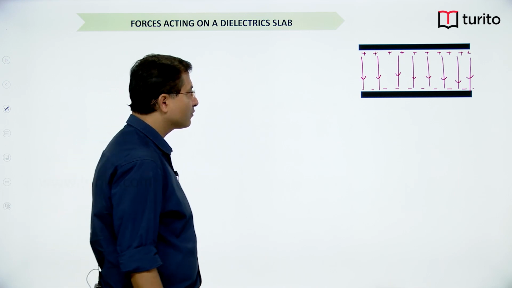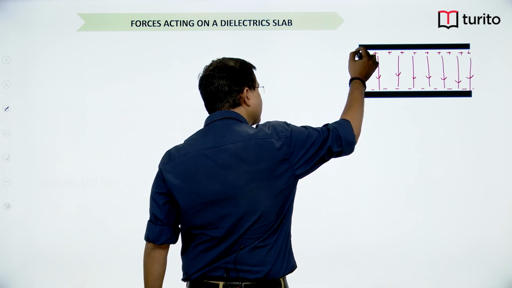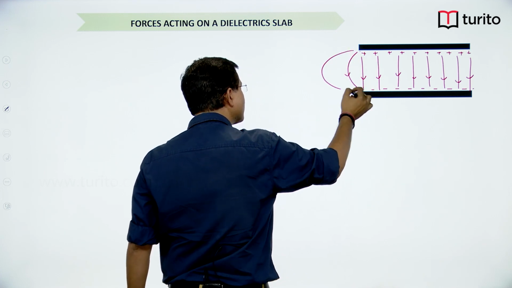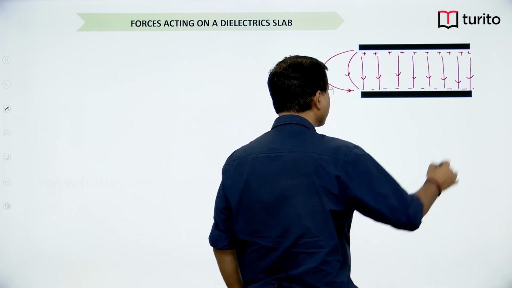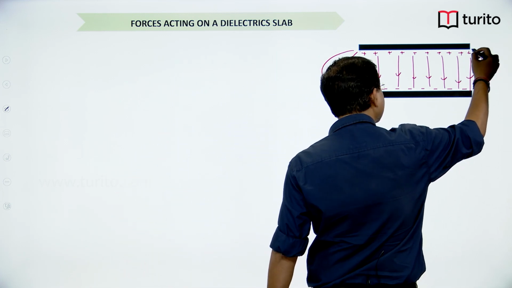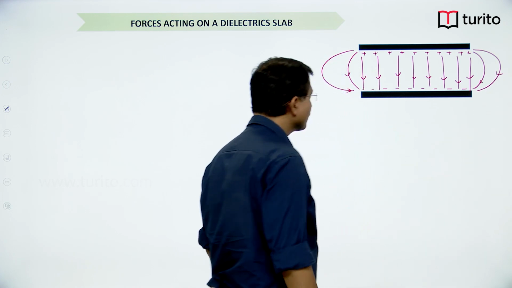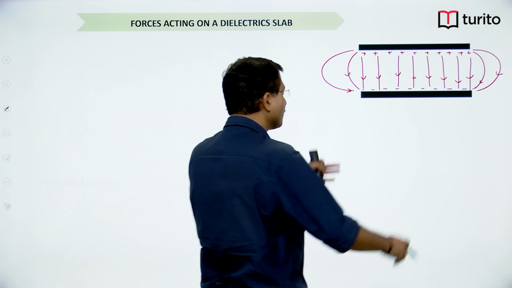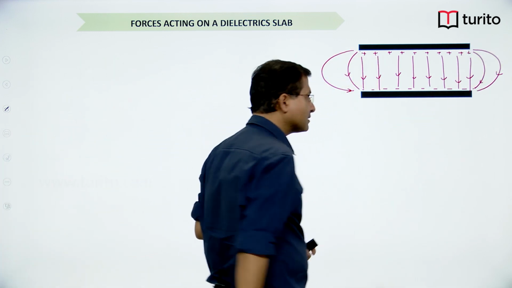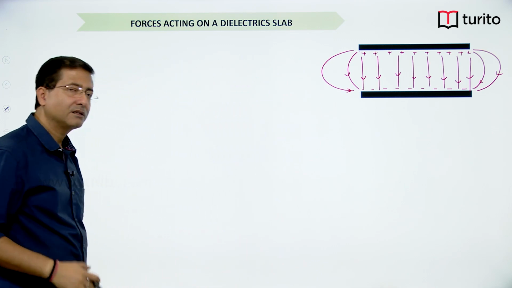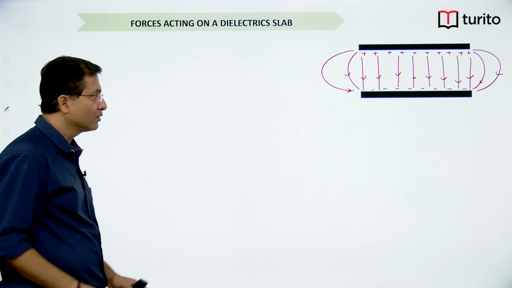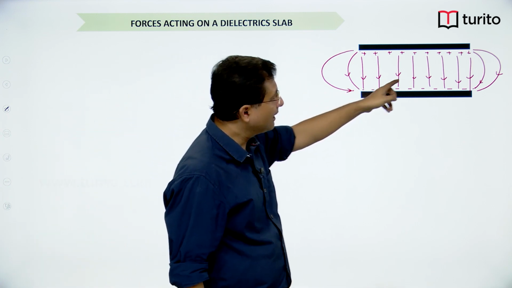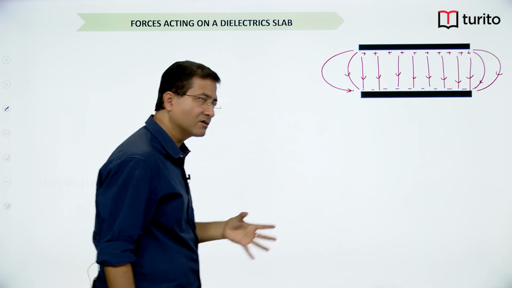But actually what happens is that due to the charge at edge, the field lines will bend at edges. So, field lines will be something like this on this side as well as on other side. So, field pattern in space will be this way. Instead of having a uniform field here, there will be lines outside the capacitor also. This is called fringe effect.